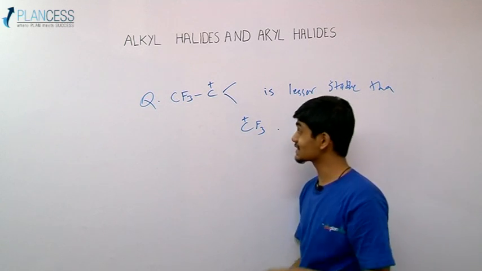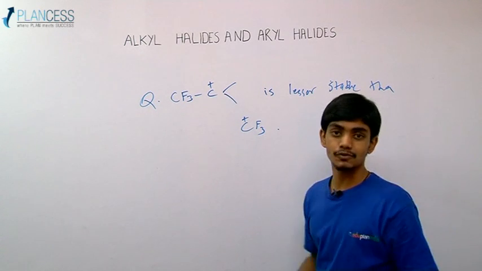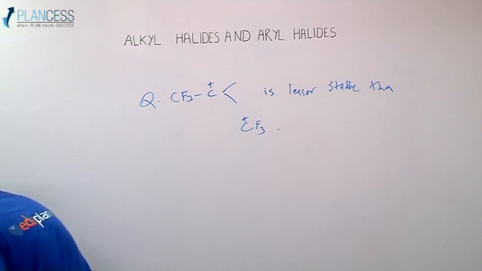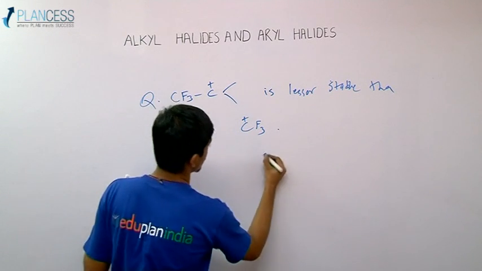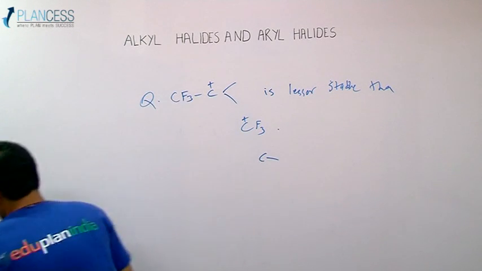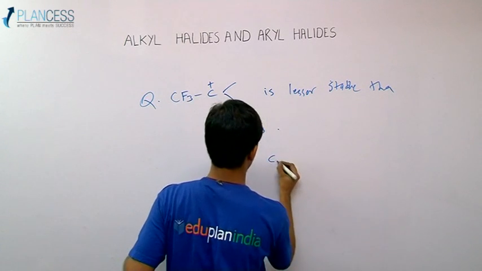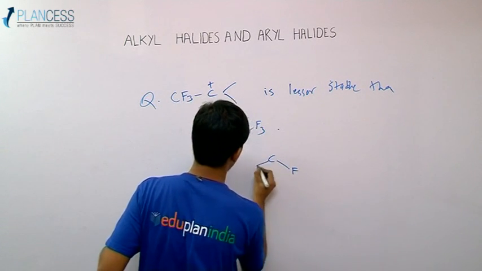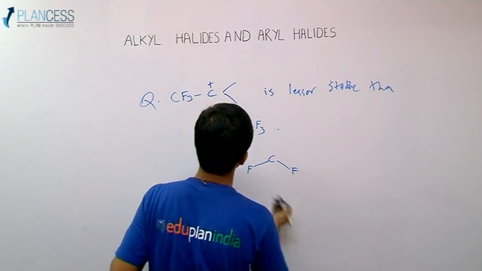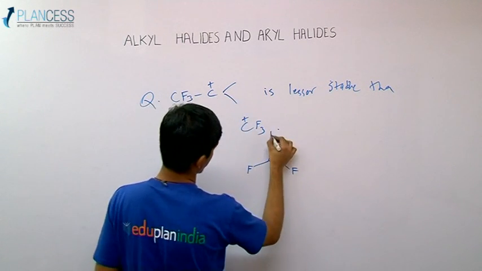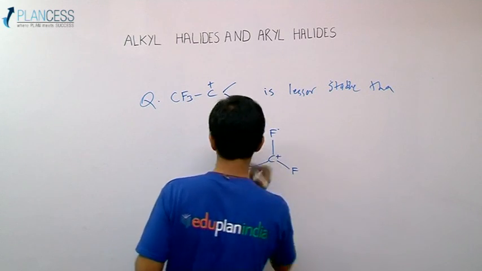On the first side it seems that this CF3 will have so much negative inductive effect that this carbocation will be unstable like hell. This is okay, let me draw the proper carbocation. F, and then we have F here and a positive charge over here.